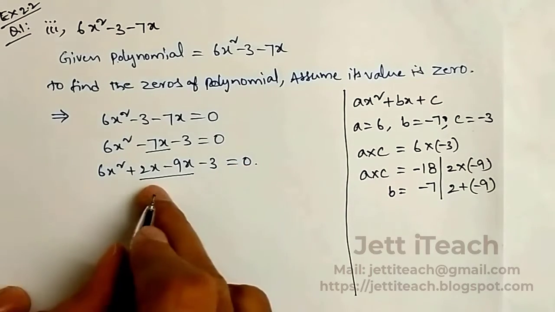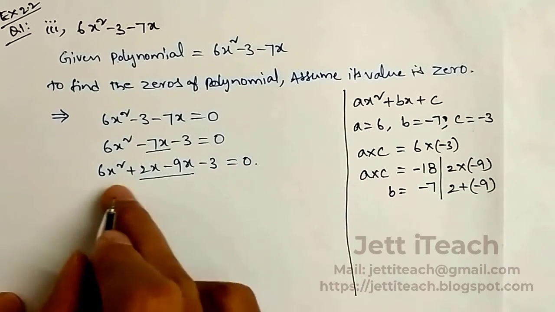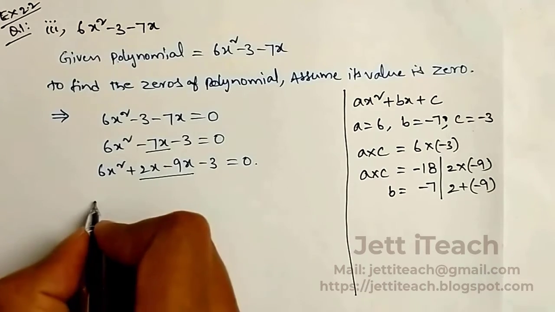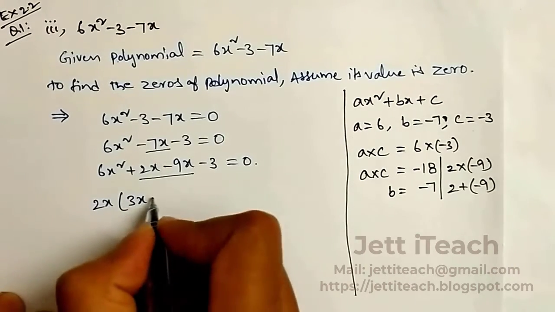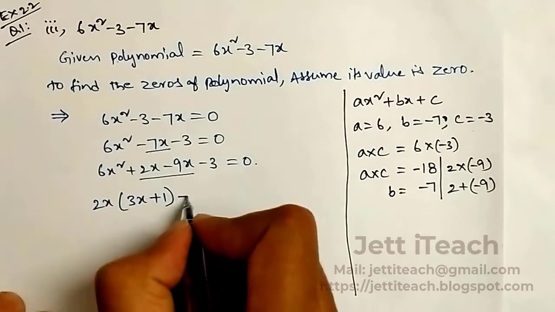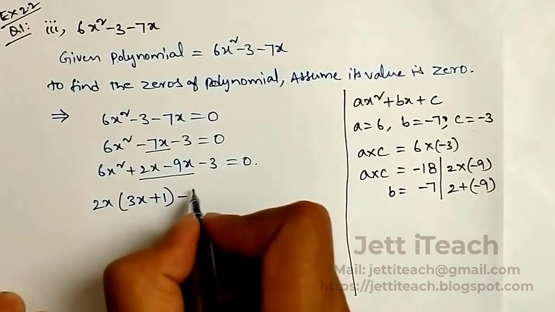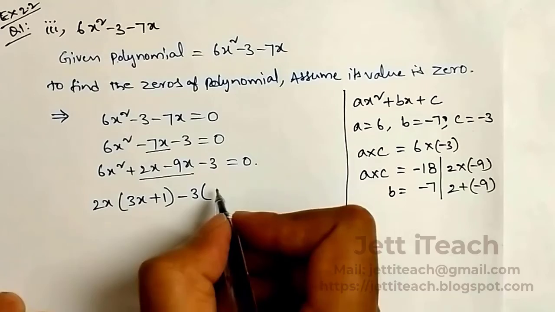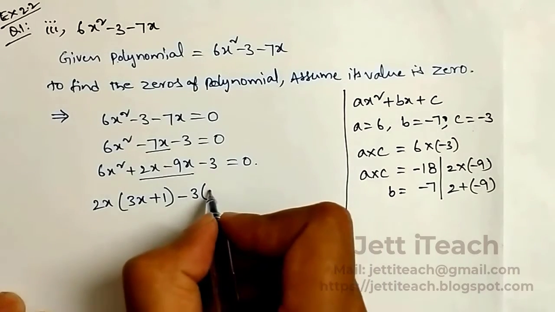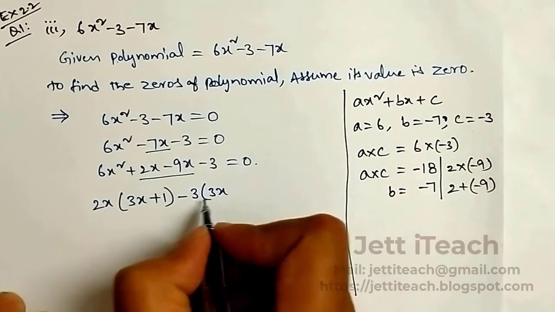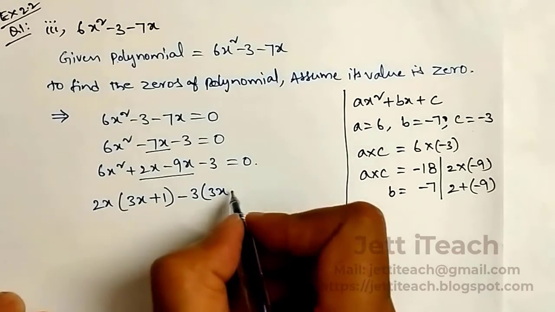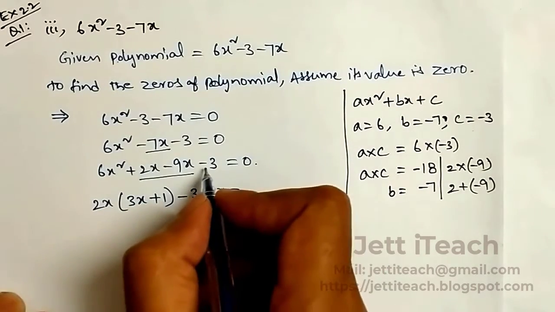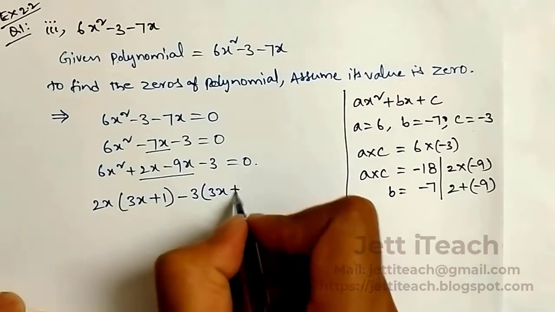If you look at this, 2x is common, so I am taking 2x as common: 3x plus 1. In the other two terms, minus 3 is common. If you take common minus 3, you will get plus 1.